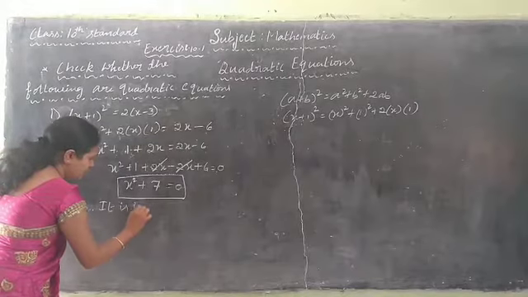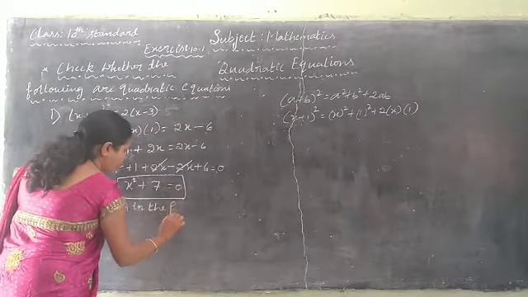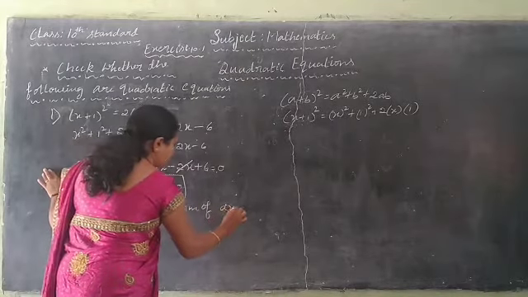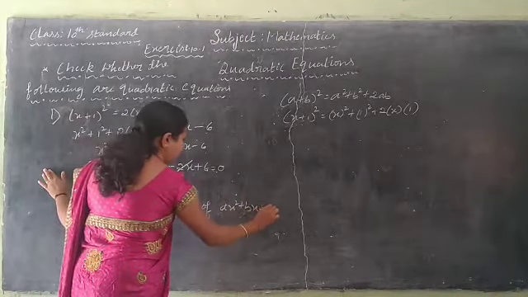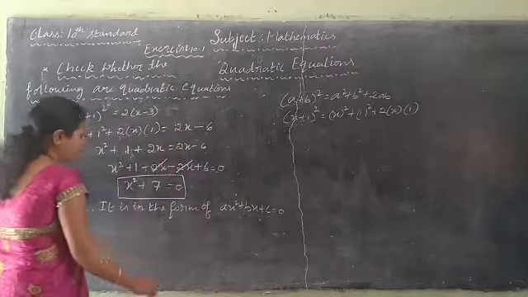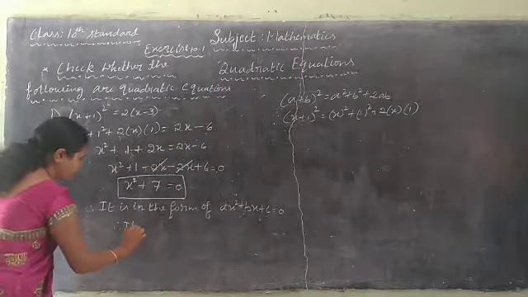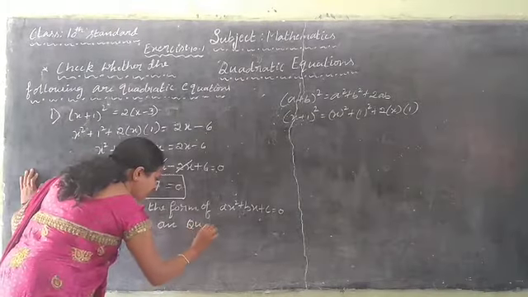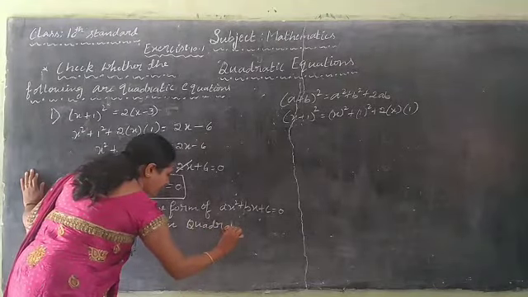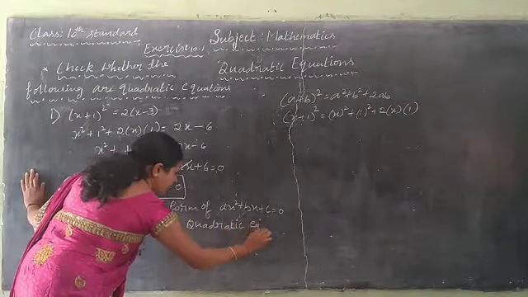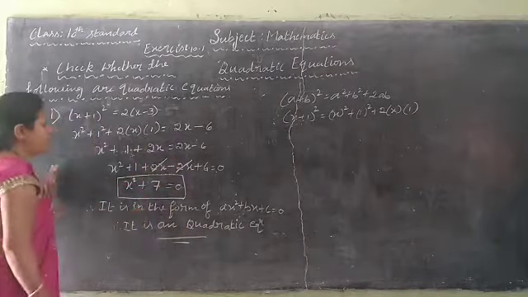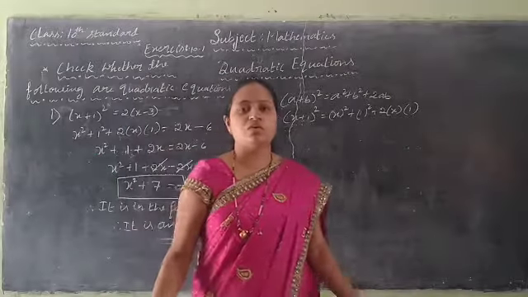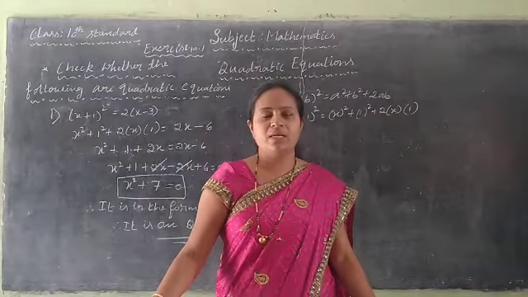It is in the form of ax square plus bx plus c is equal to 0. Therefore, it is a quadratic equation. So, children, the given equation is in the form of ax square plus bx plus c is equal to 0. Therefore, it is a quadratic equation.